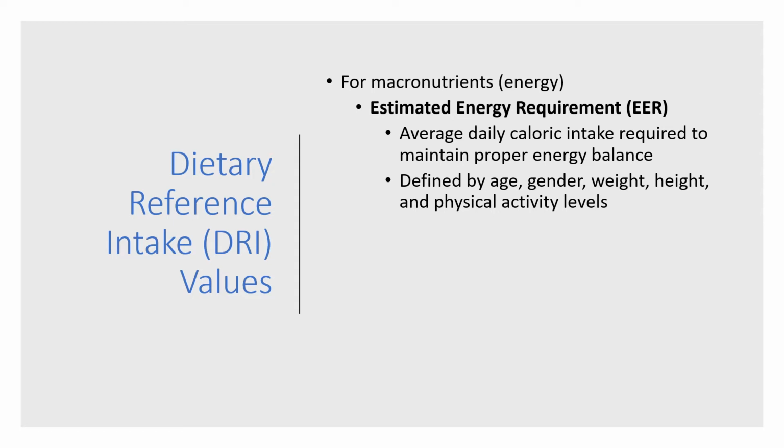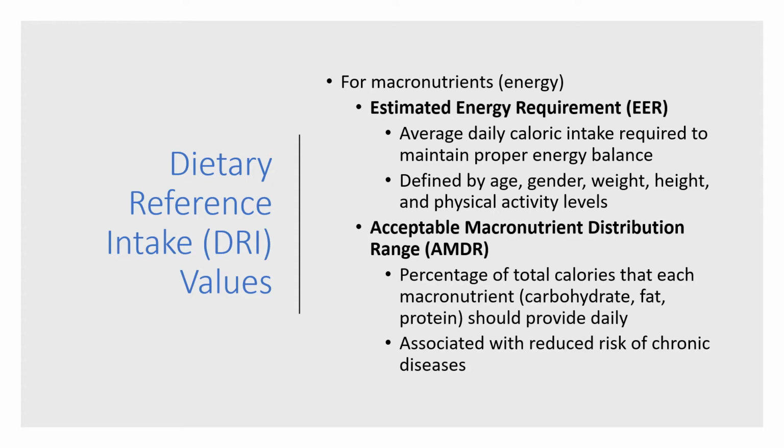And then the second reference intake value for energy is what's called the acceptable macronutrient distribution range. And this is a percentage of total calories that each macronutrient should provide daily. So what percent of total calories should carbohydrates provide? What percent of total calories should fat provide? What percent of total calories should protein provide?